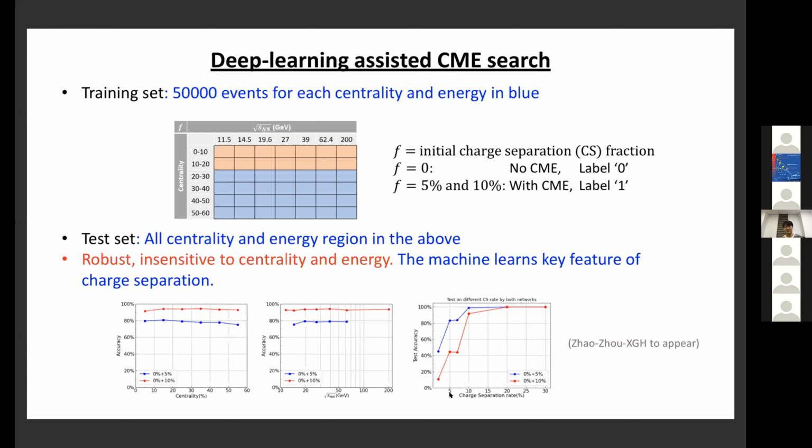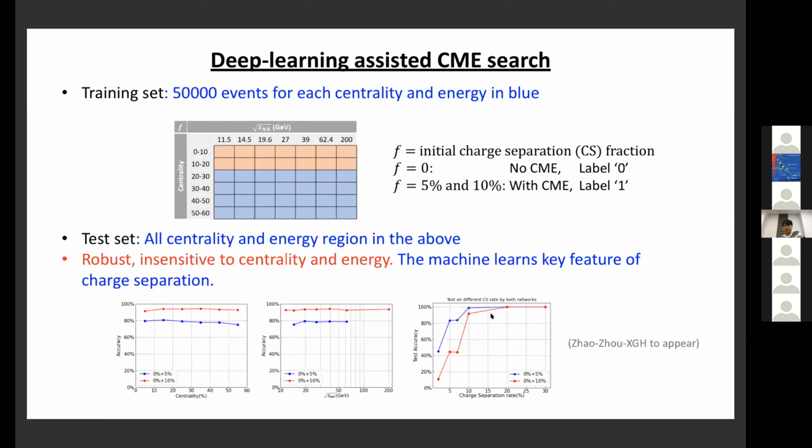For the dependence on the charge separation rate, if we train the machine with the training set of 5% or 10% initial charge separation, and then for the test events of charge separation more than, let's say, 10%, the machine can always tell that there is or there isn't a charge separation with a very high accuracy.